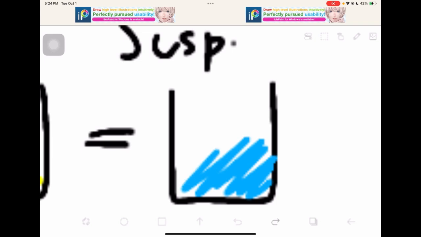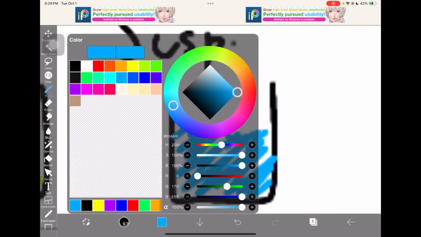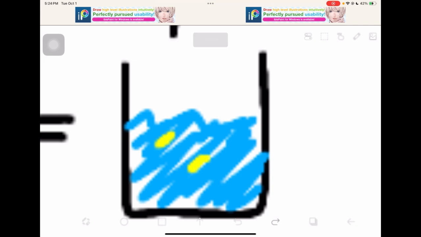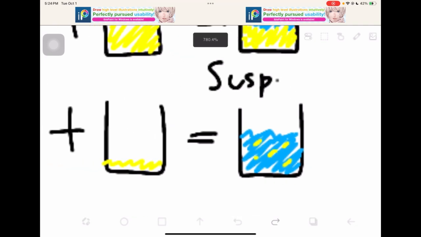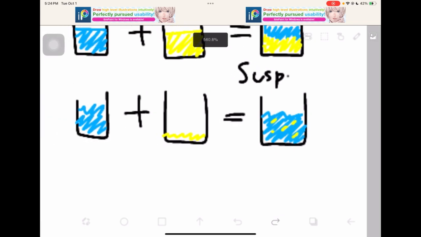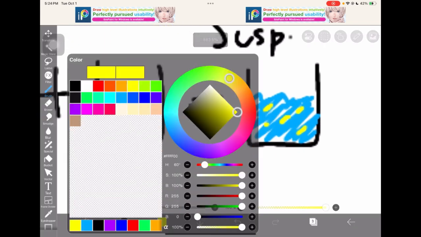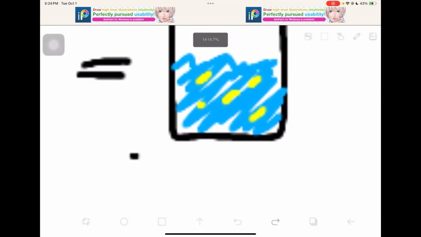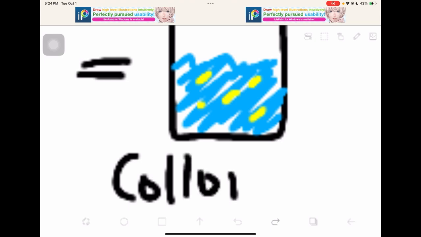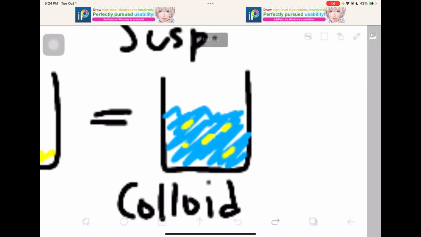We have the blue here, and it's mostly blue. However, there are yellow bits, because remember, we still cannot physically mix these, and that's why this is called a colloid. They're just little bits of yellow suspended in there. It's somewhat like paint. When you try to mix paint, you still see a bit of dyes. Yeah, it's something like that.